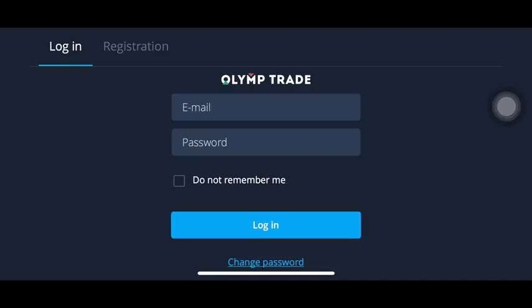If you have an Android mobile device or an Apple mobile device, go to Google Play Store or Apple App Store and try to install the mobile application by punching in Olymp Trade in the search bar. And once you do it, you will see this logo. Install the application, and then this is what you will see in front of you.